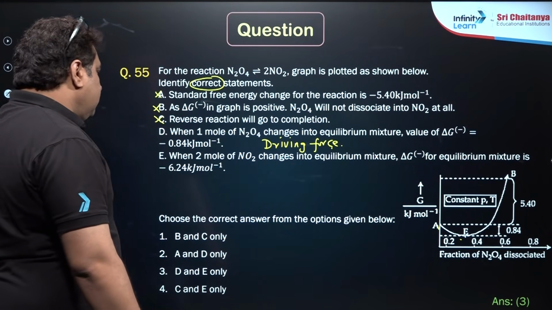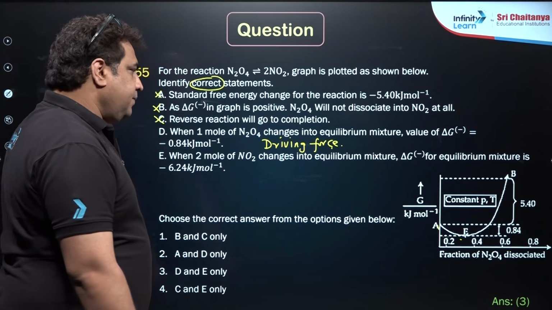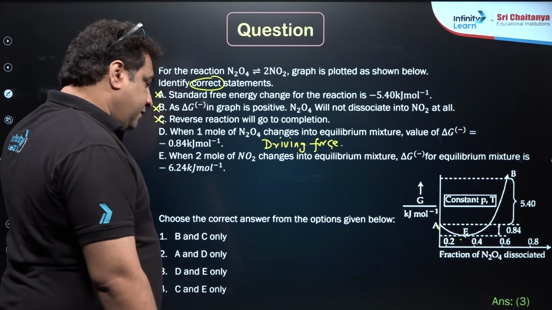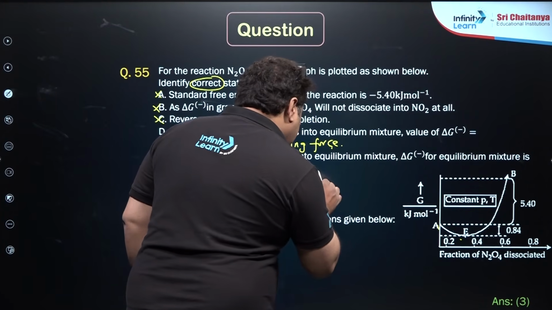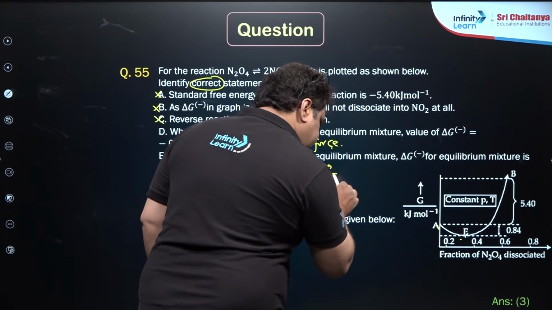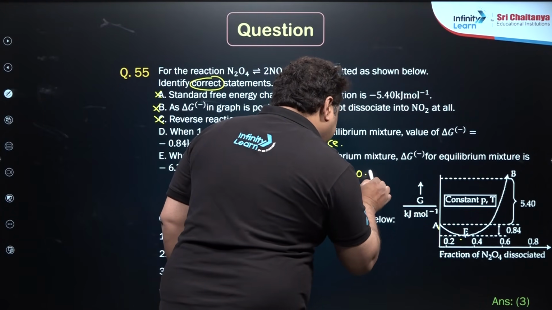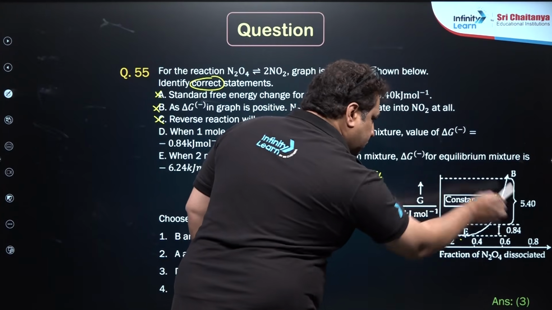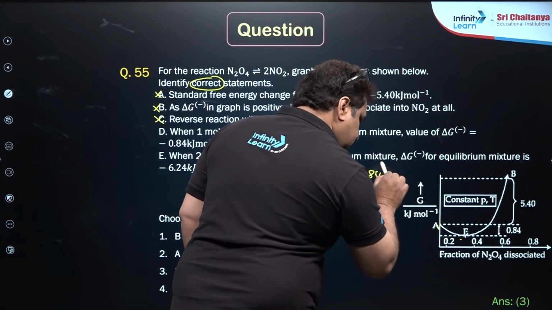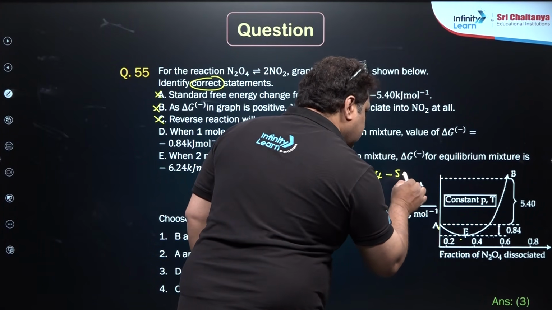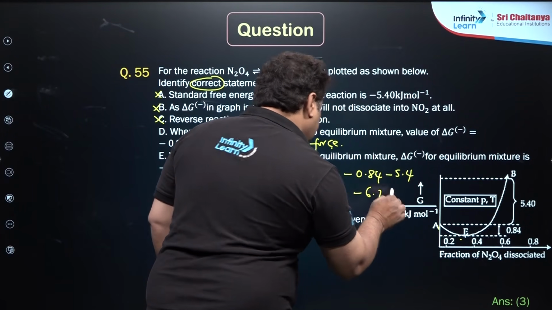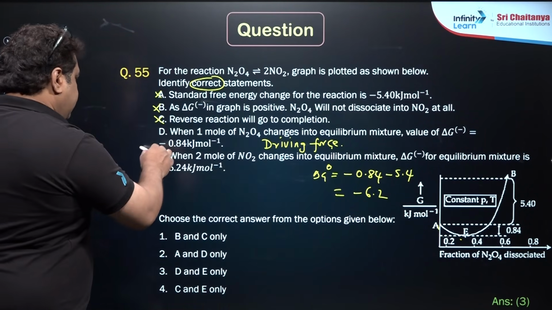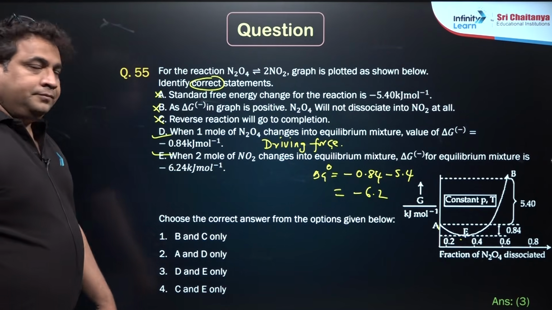Next, when 2 moles of N2O4 change into the equilibrium mixture, here everybody can see in this particular example delta G naught is written as minus 0.84 minus 5.4, so it will become minus 6.2. So this statement is also correct.